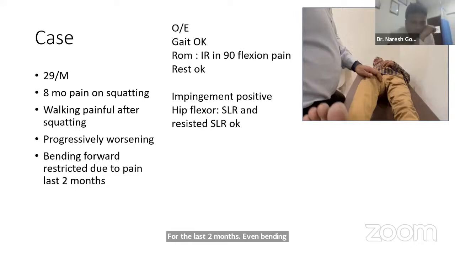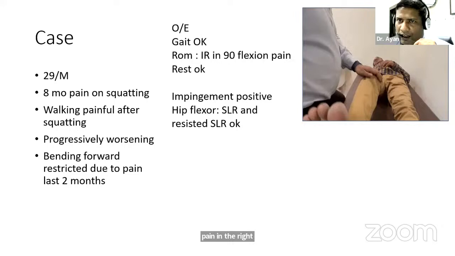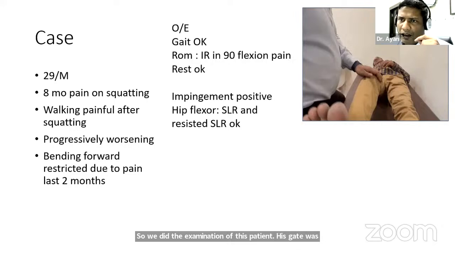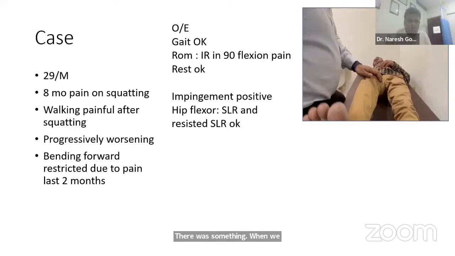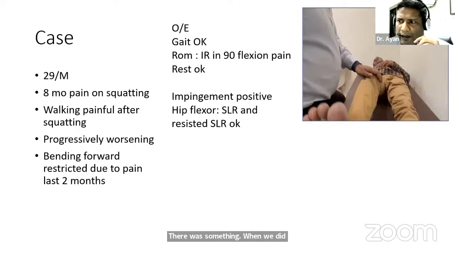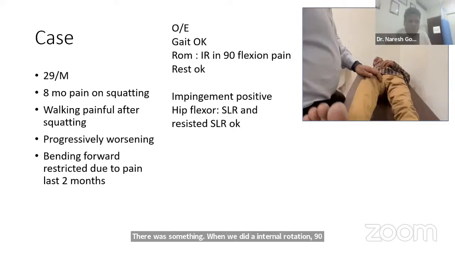We did an examination of this patient. His gait was okay and the range of motion was pretty much normal. There was some pain on internal rotation at 90-degree flexion, but the rest of the range of motion was normal.